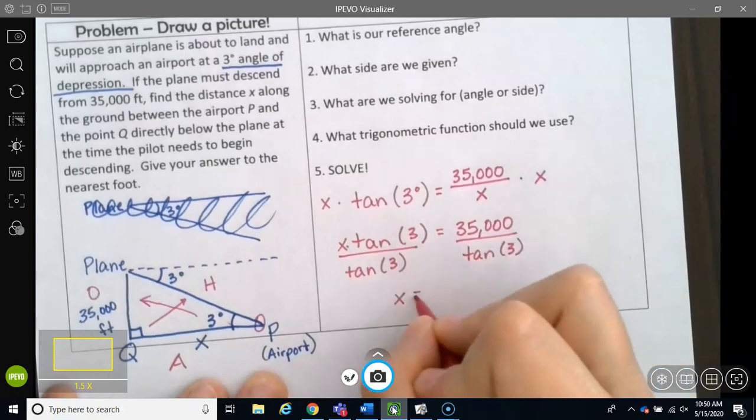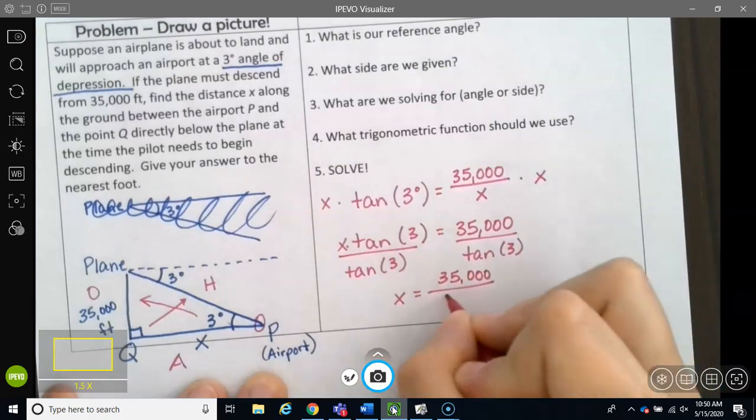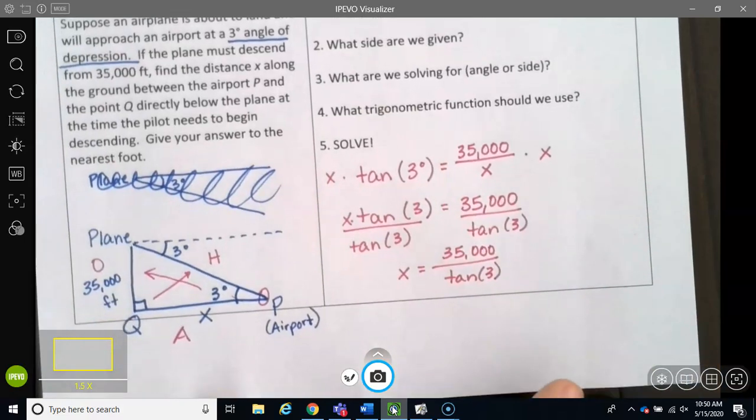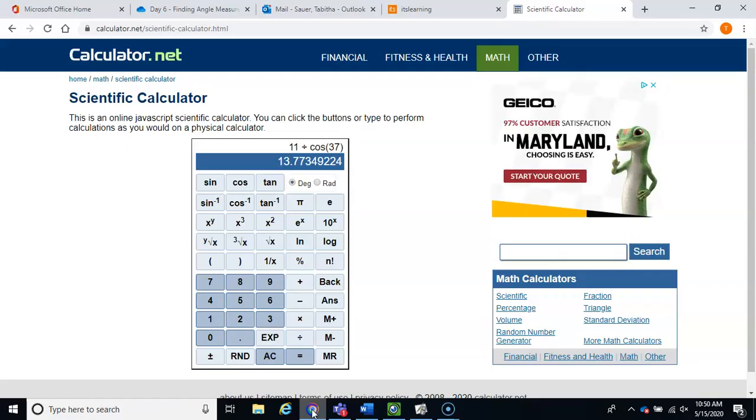So we get x is equal to 35,000 divided by tangent of 3, and then plug that into our calculator, now that x is by itself. So clear this out. 35,000 divided by tangent of 3.